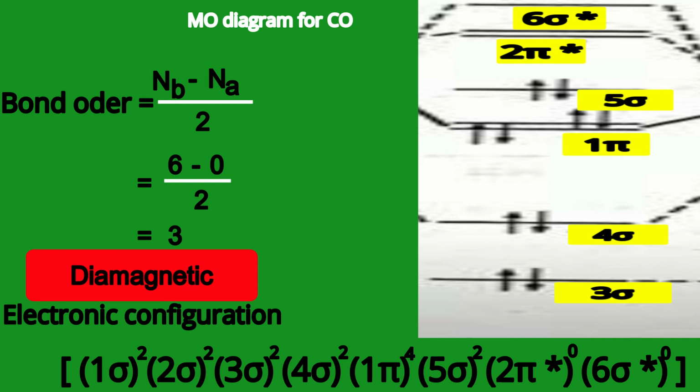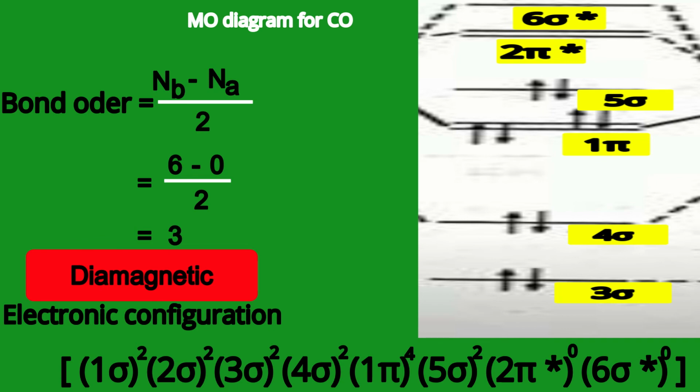About magnetic property, since all electrons in molecular orbitals are paired, or there is no availability of unpaired electron, carbon monoxide will be diamagnetic. So magnetic property is also explained by this MO diagram. Are you following?